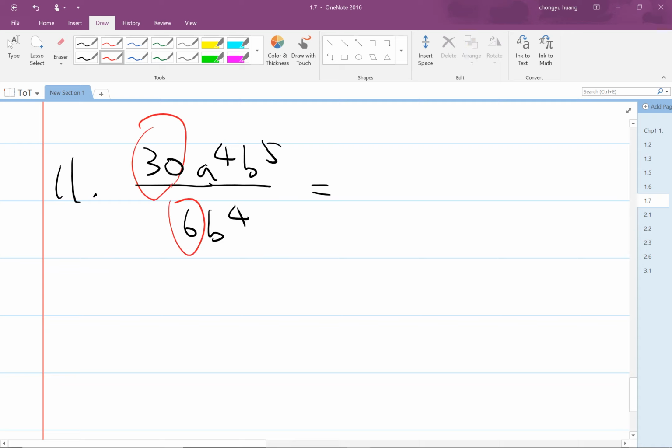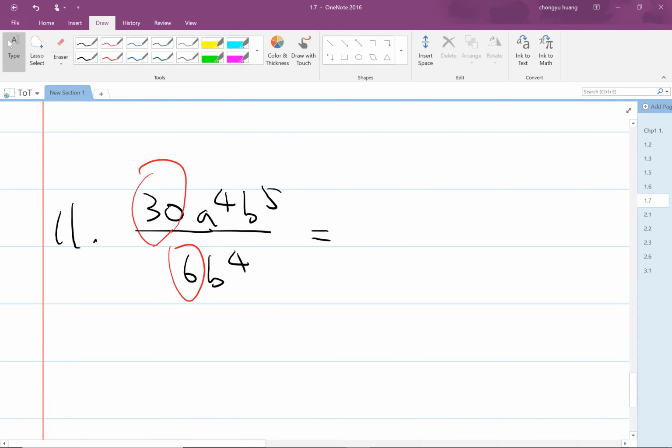At the numerator we have a 30, and at the denominator we have a 6, and 30 is equal to 5 multiplied by 6, right? So the 6 gets cancelled, and there's only 5 left, so you write down 5.